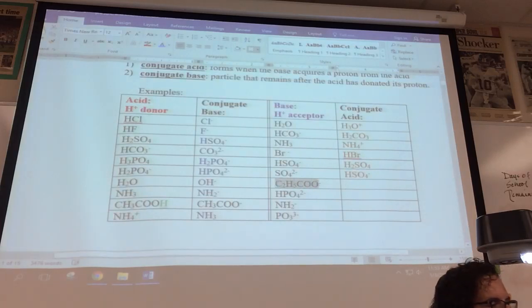So you're going to smack an H on at the end. What about this one? H2PO. What about this one? NH3. What about this one? HPO.